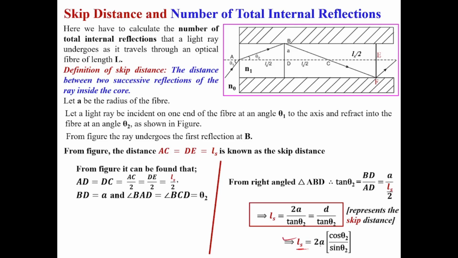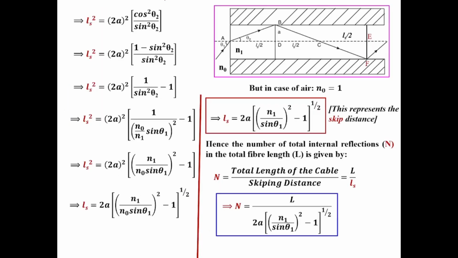Just take the square on both sides. LS square will be equal to 4a square cos square theta 2 by sin square theta 2. Cos square theta 2 is nothing but 1 minus sin square theta 2, by sin square theta 2. Here sin square theta 2 divided by 1 and sin square theta 2 by itself, so it will be 1 by sin square theta 2 minus 1, right?